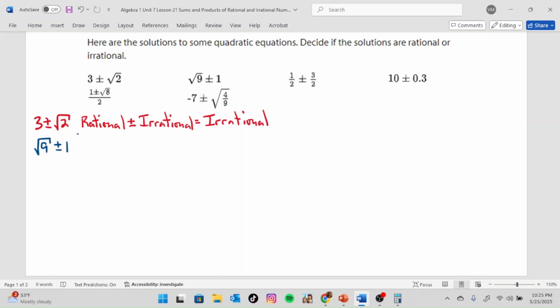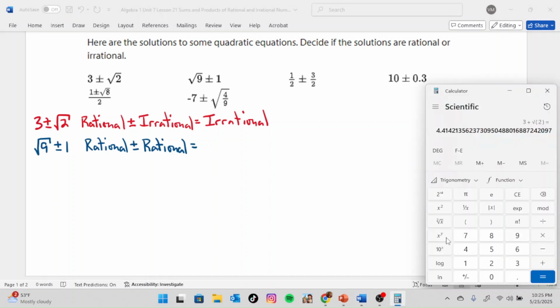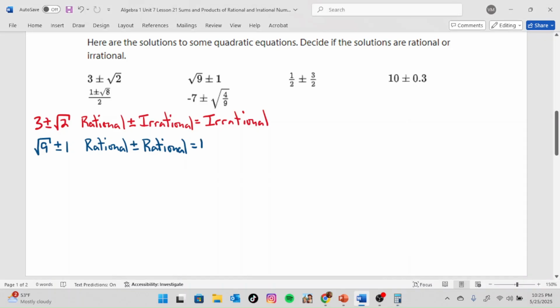Square root of 9 is plus or minus 3, so that is rational. One is rational. And if you wanted to double check, you could say the square root of 9 plus 1, we get 4, which is a rational number.